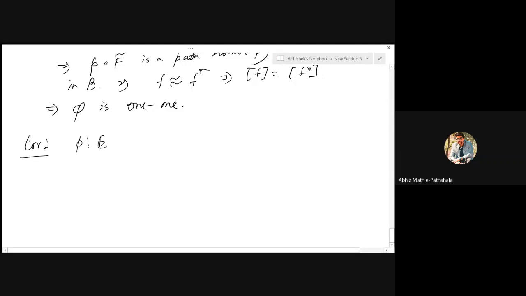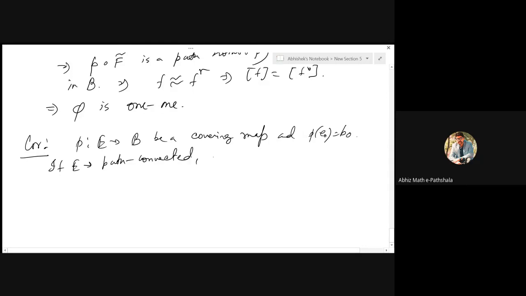You will have that if you consider a covering map and suppose you have specified that P of E naught is B naught, so if E is path connected, then the lifting correspondence phi will be onto.